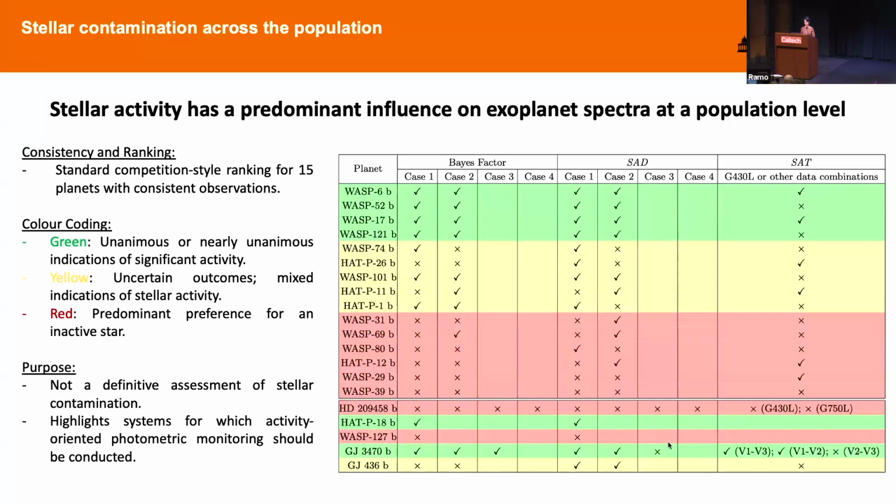Green means unanimous or nearly unanimous indications for stellar activity. Yellow is a mixed bag, so we get uncertain indications. And when I use the red, we mean that we find a predominant preference for an inactive star.